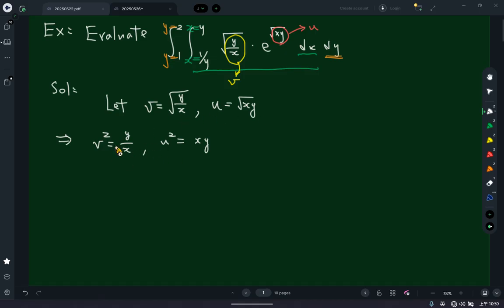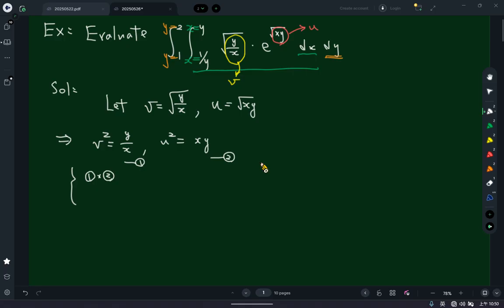Let's call this equation 1 and this equation 2, and use 1 multiplied by equation 2.